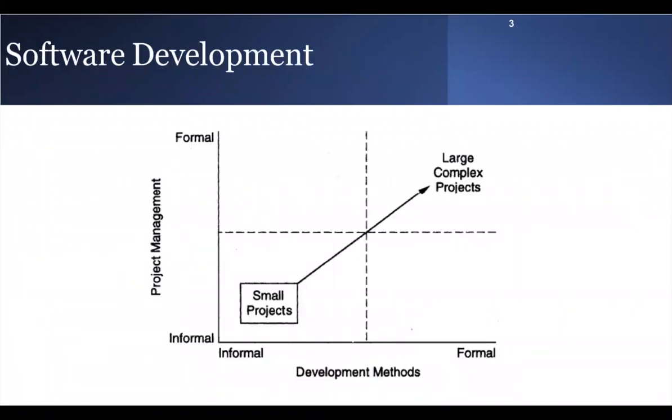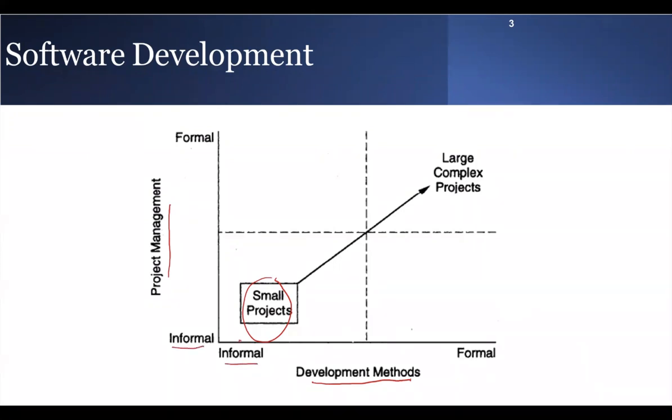In a software development process, you have to be careful about a major fundamental point: when you are working on small scale projects, the software development method as well as the project management are performed on informal levels.